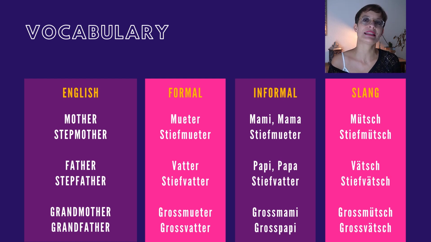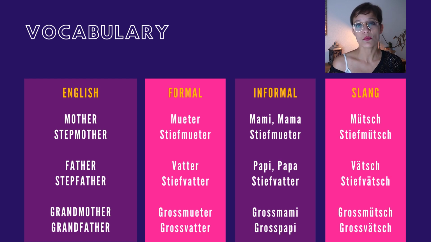Of course this is my dialect, Zurich dialect, which is a quite neutral dialect. So then we have the stepmother, of course. Stiefmutter, the formal version, and I would say we don't really have an informal version. We also say Stiefmutter.